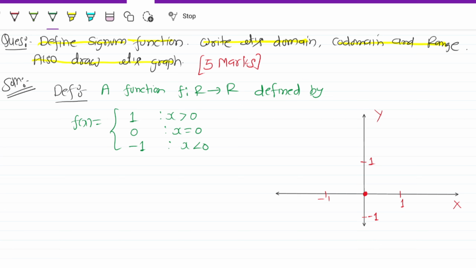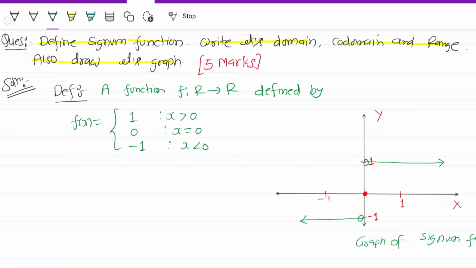But whenever the input value is greater than 0, it will give you the answer 1 from here onwards. Whenever the x value is negative, its answer is minus 1. Okay, so this is the graph of the Signum function.